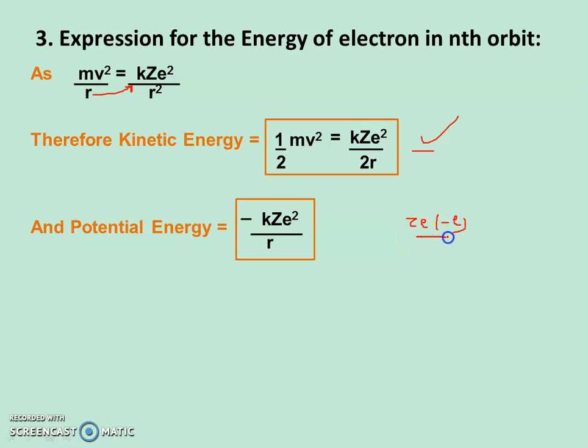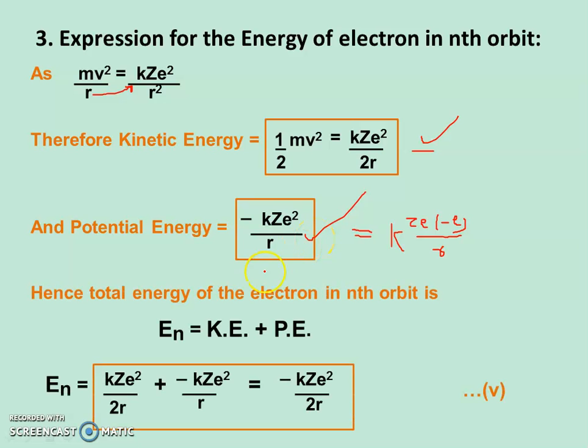And r is the distance between nucleus and electron. So this is k Q1 Q2 by r, and we can get potential energy like this. So this is kinetic energy and this is potential energy. Now we will add these two energies, so we can get the total energy in nth orbit.